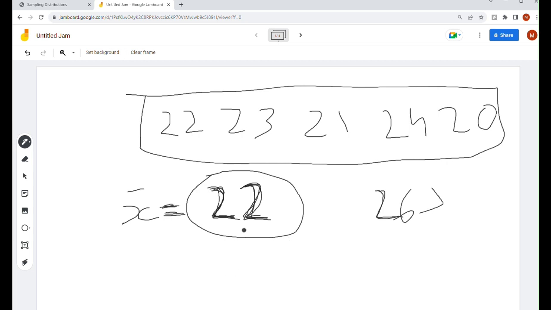So any statistic of a sample that you use to make a guess or an estimation on the population is known as a point estimator. So simply put, the sample mean and sample standard deviation are point estimators.